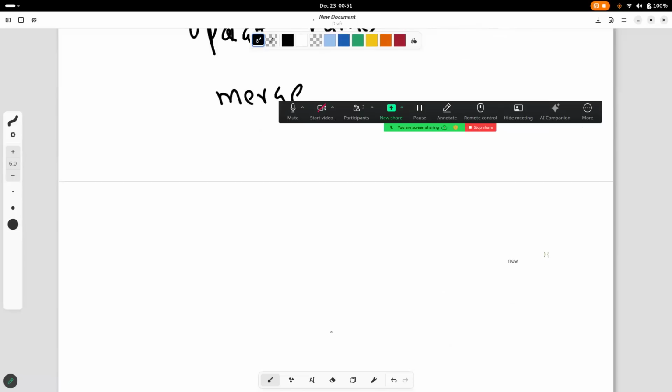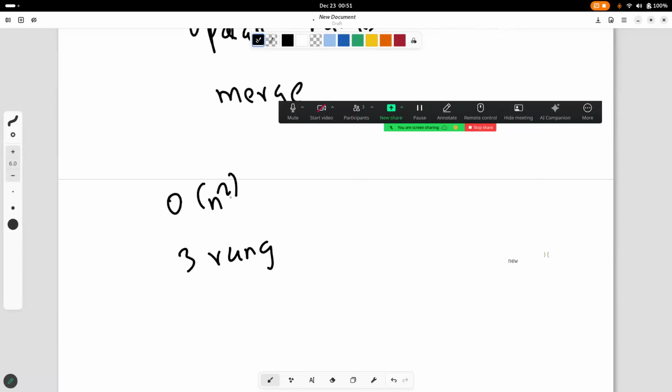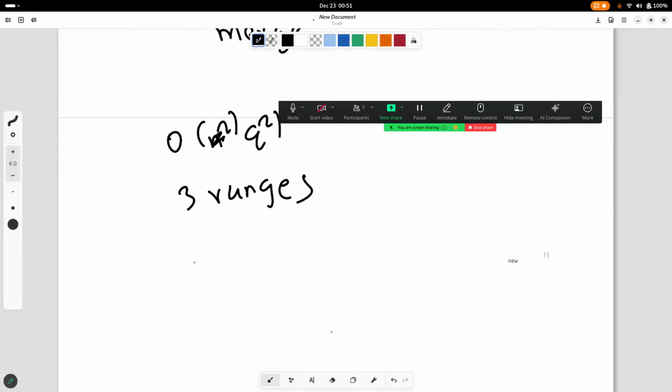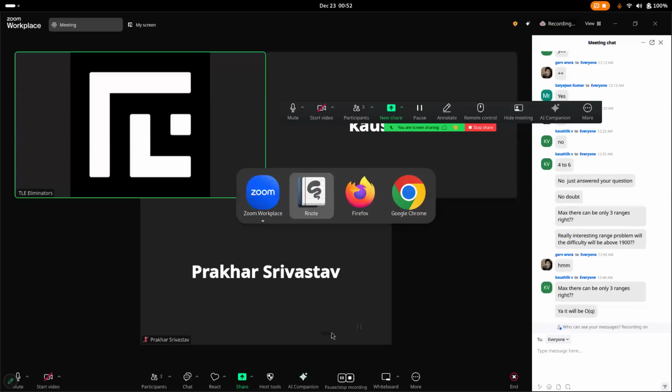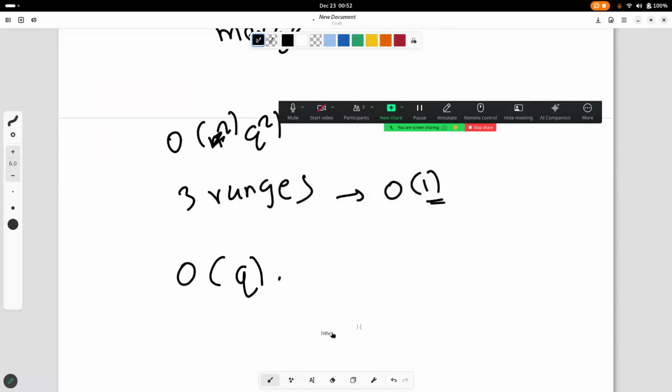Looking at the code, it may look like the time complexity can go up to n q squared, but since there can be only three ranges, you're only operating on a constant number of ranges in each iteration. So the overall time complexity would be big O of q, not considering anything else.